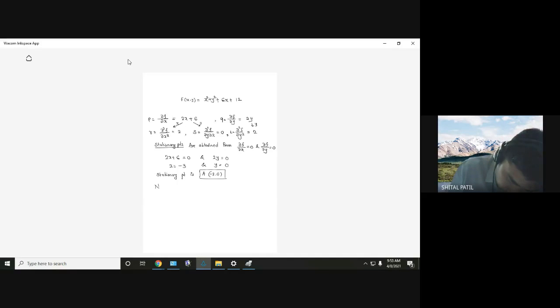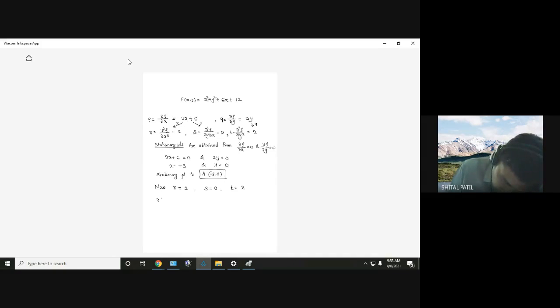Now r is already known to us, 2, s is 2, t is 2. Okay, they are not constant, usually they are the functions of x, y. Then we have to substitute x equal to minus 3 and y equal to 0, and then we have to find r, s, t at the point. But here it is not required.